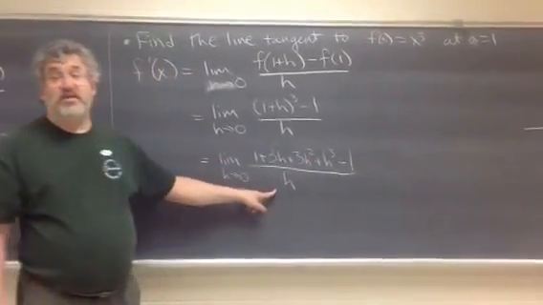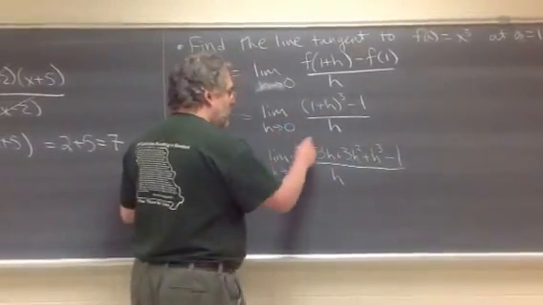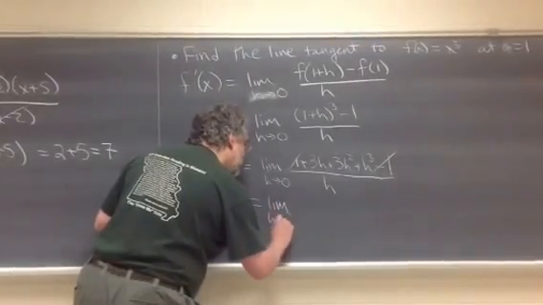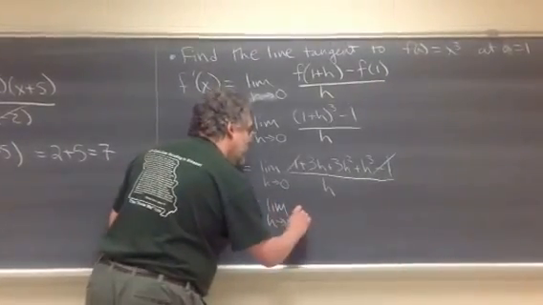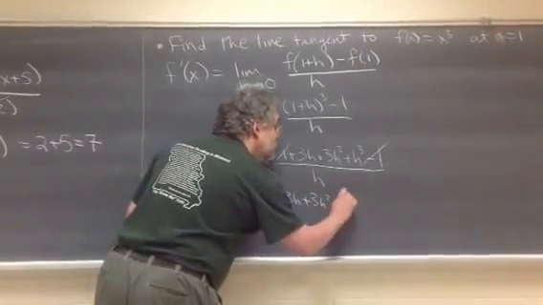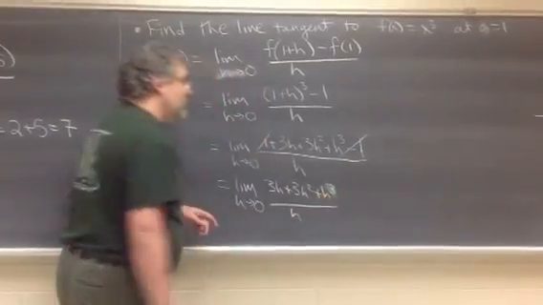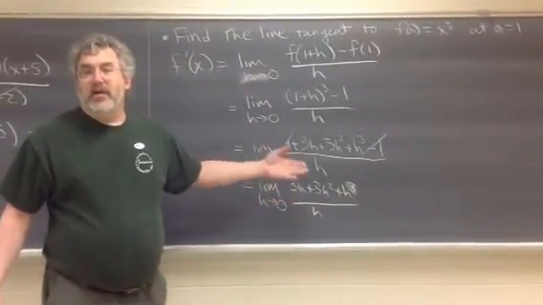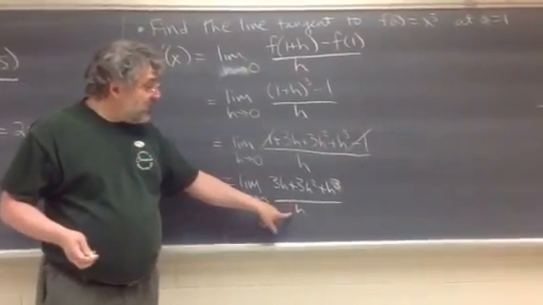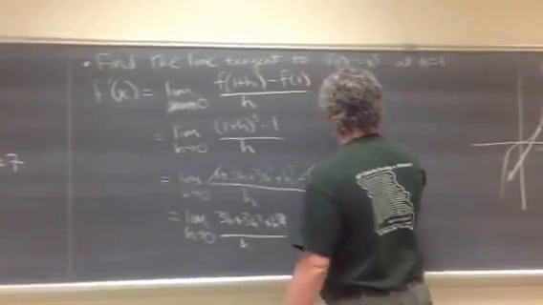There's an h on the bottom, so this is easier to factor at the end, but it's messier at the beginning. I'll cancel the 1s. I get 3h plus 3h squared plus h cubed all over h. Now, I have to factor. So before I factored x minus 2 out, now I'm going to factor h out, because that's the thing on the bottom.